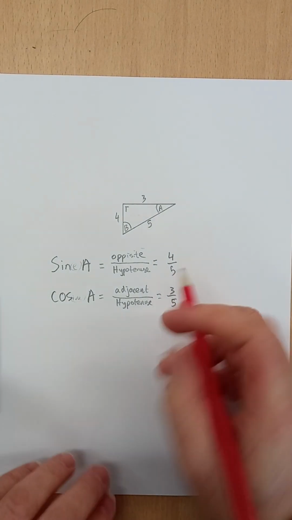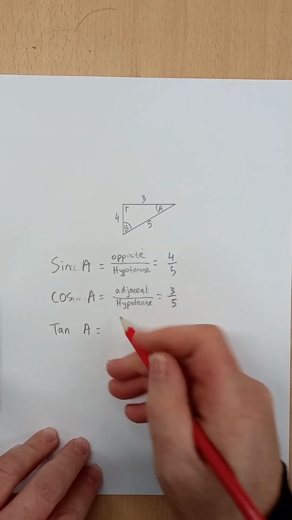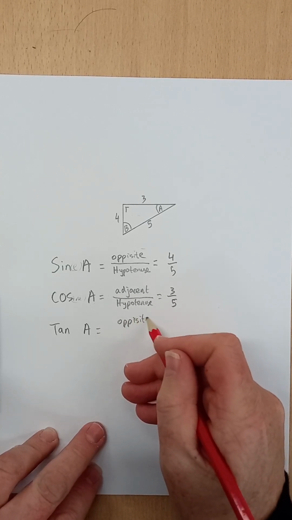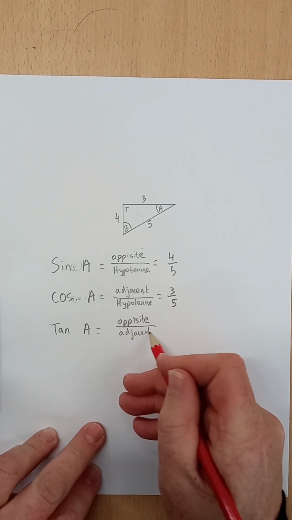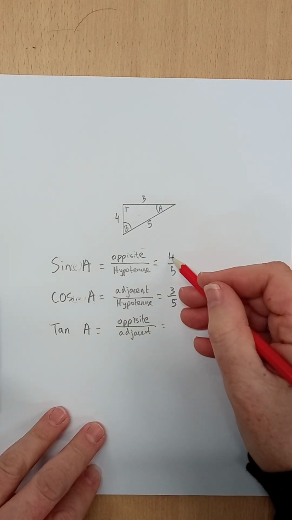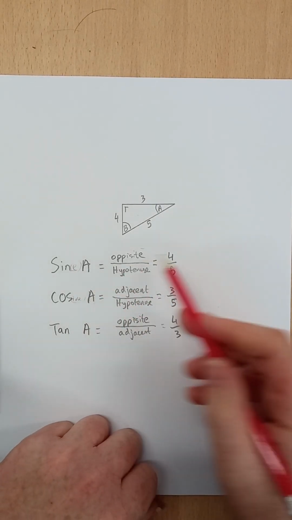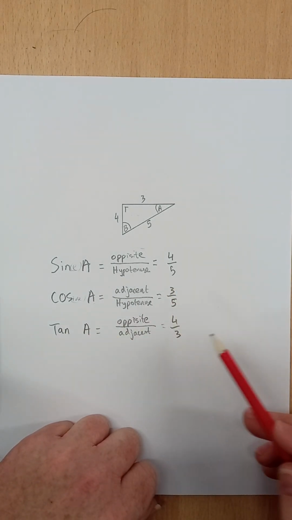And finally, the tangent or the tan of A is going to be the opposite side over the adjacent side. So in this case, it's going to be 4 over 3. So the sine of A is 4 over 5, the cos of A is 3 over 5, and the tan of A is 4 over 3.